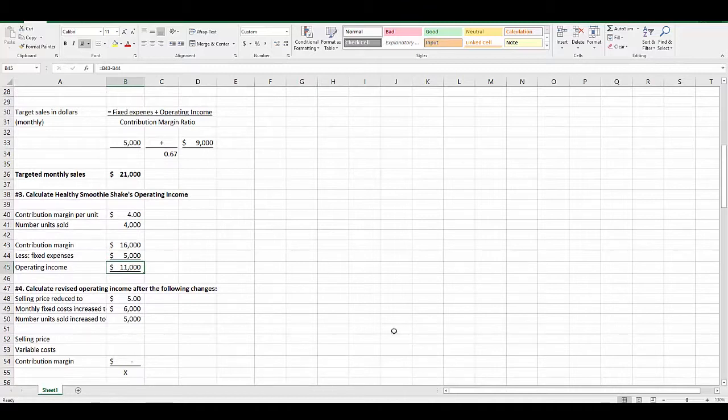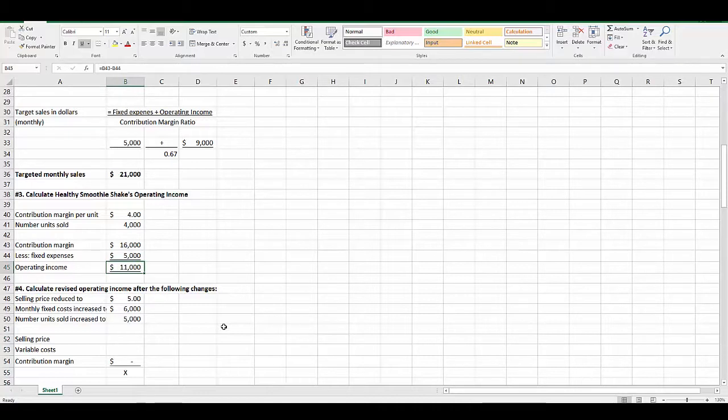The next one that we want to look at, which is really the whole idea behind the cost, volume, profit concept, is making some changes. There's a new player in town, another company selling healthy smoothie shakes, and their prices are lower than yours.